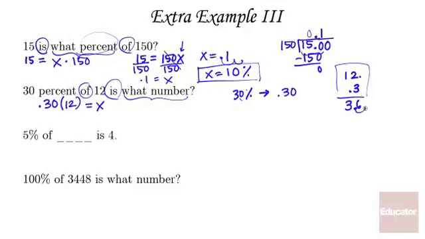So I start at the end and only go 1 inwards, and that's where the decimal point goes. So x is 3.6. So to finish this equation, 3.6 equals x. So 3.6 is the number, or I can say the number is 3.6.